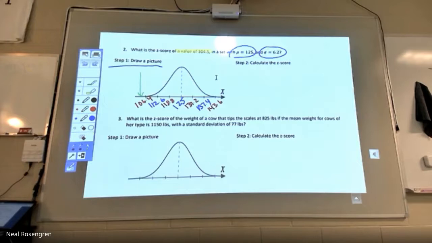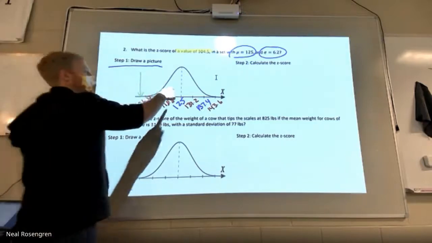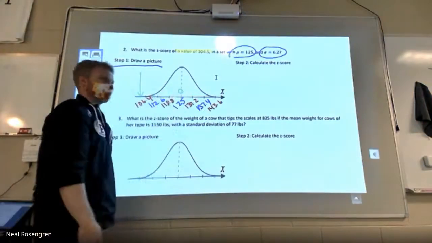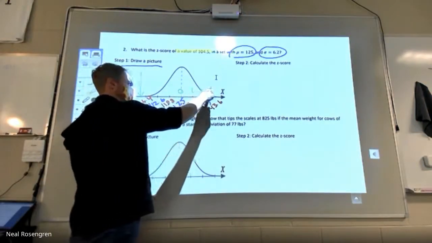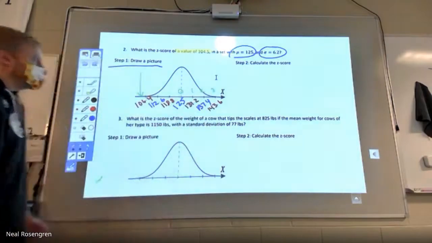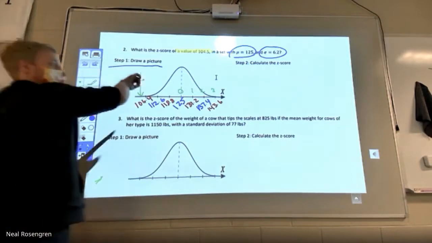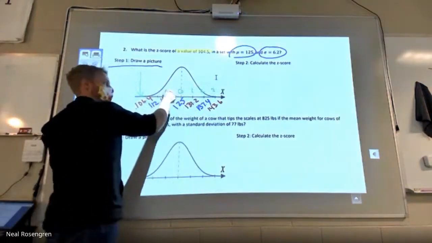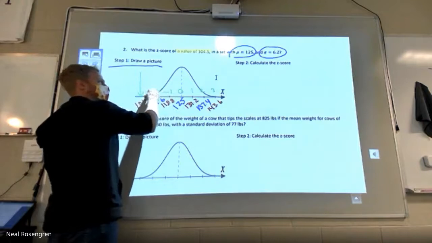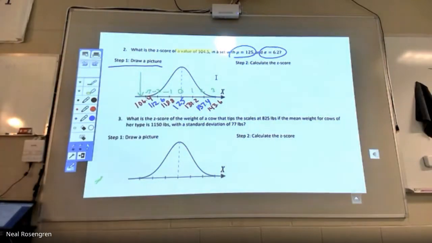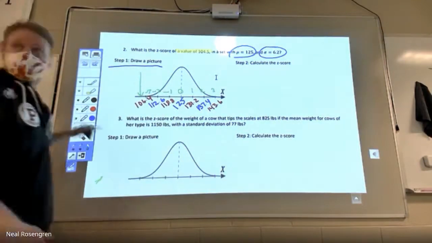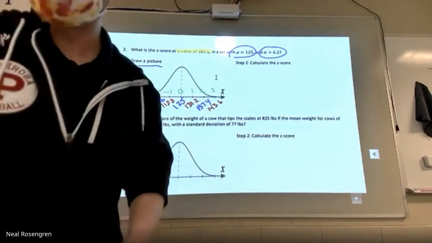And so what do you think the z-score might be if, in my mind, that's 0 right there, that's 1, that's 2, that's 3 standard deviations away. What do you think we're going to get? But that's positive. We got to go negative. Negative 3.5. That's a pretty good guess, right? Negative 3 point something, probably. Let's prove it. Let's figure it out.